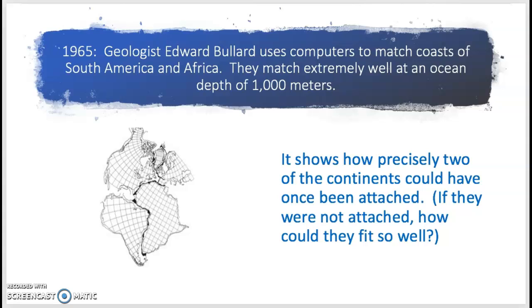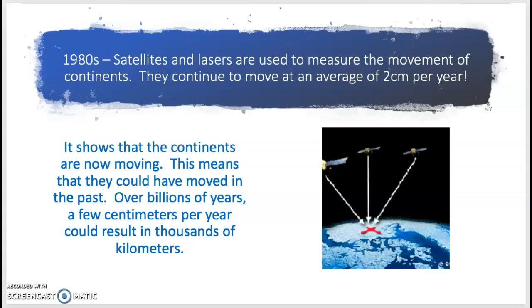But the really key piece of evidence, the one that really sealed the deal and allowed us to prove that the continents were moving, came in the 1980s. In the 1980s, we started to put satellites up into space, and we used them for radios, and your phones use them for GPS.